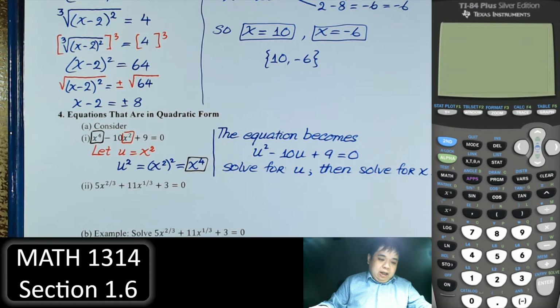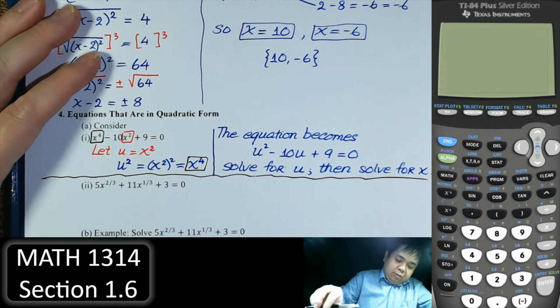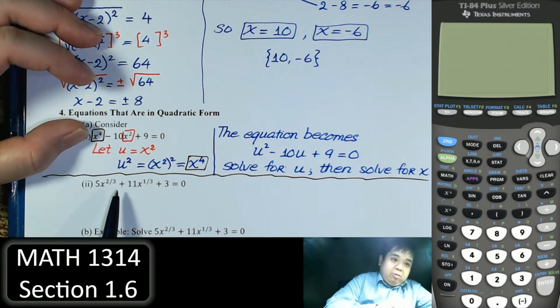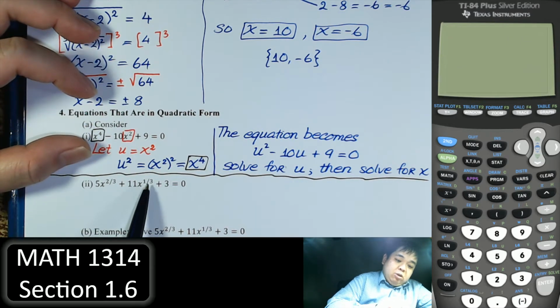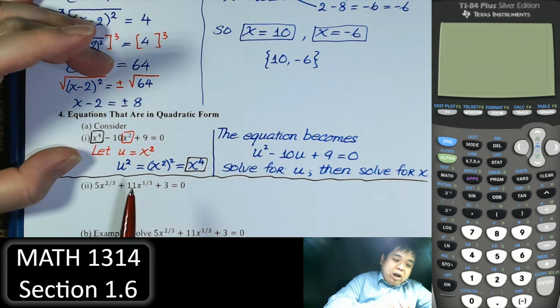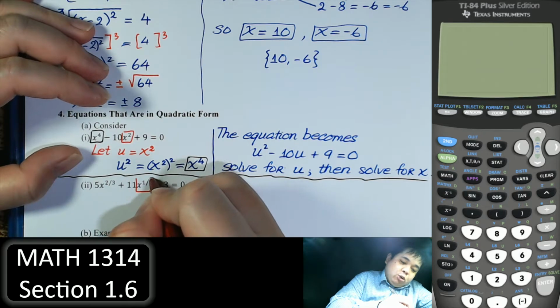Similarly, let's look at the next one. 5x to the 2/3 plus 11x to the 1/3 plus 3. So it looks like a quadratic equation, but not quite. So let u equal x to the 1/3.